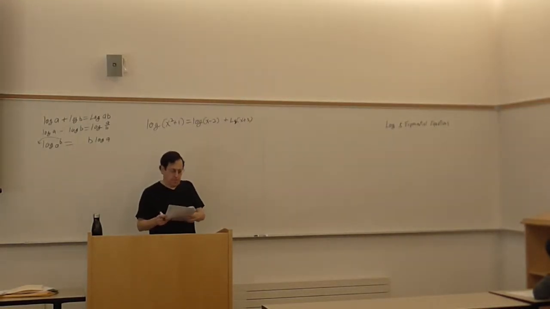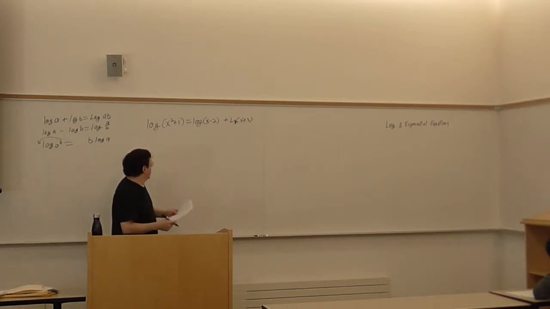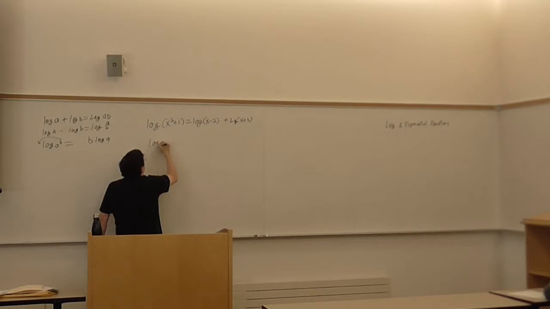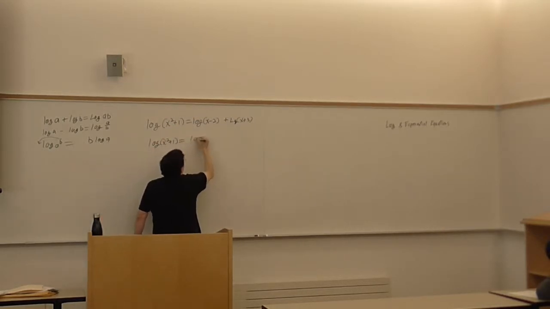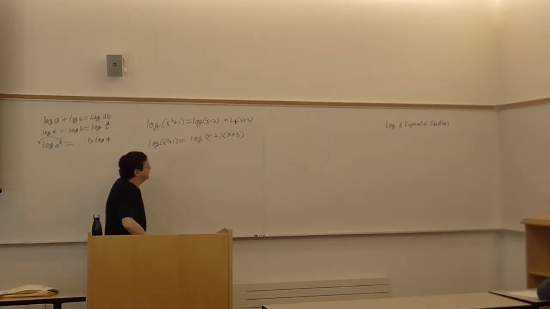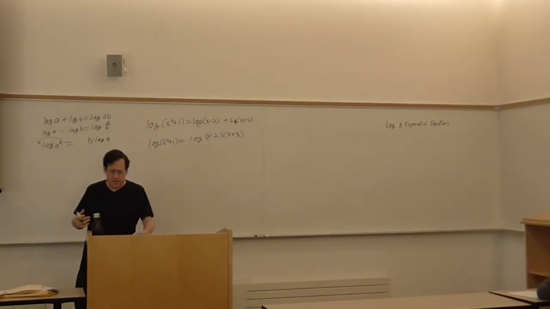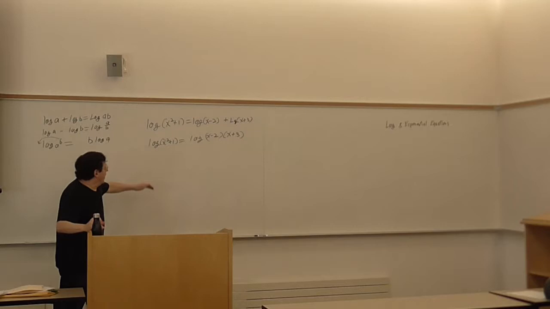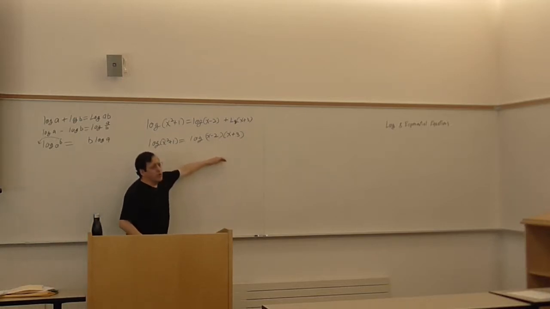So, okay, we can apply our law of logs here. This is x squared plus 1 equals the log of x minus 2 times x plus 3. And here, again, we can use either approach. We can use the fact that the log is a one-to-one function.